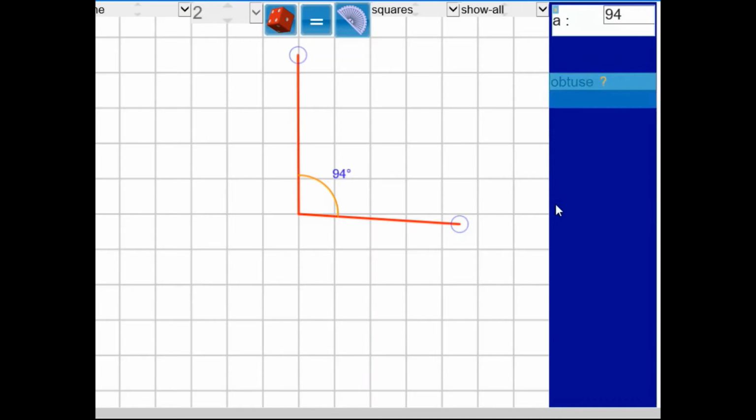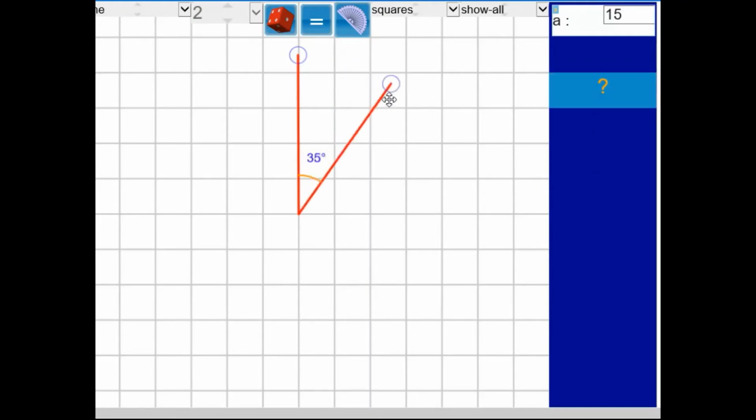Let's have another one. What's this one? 15 degrees. Of course, it's an acute angle, because it's smaller than 90 degrees.